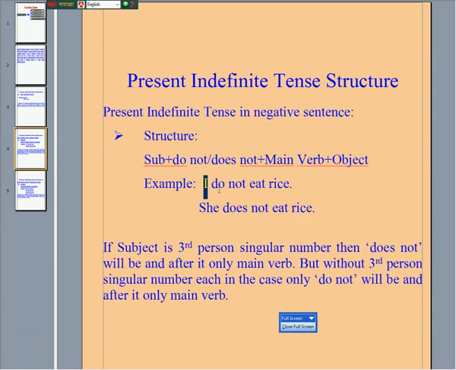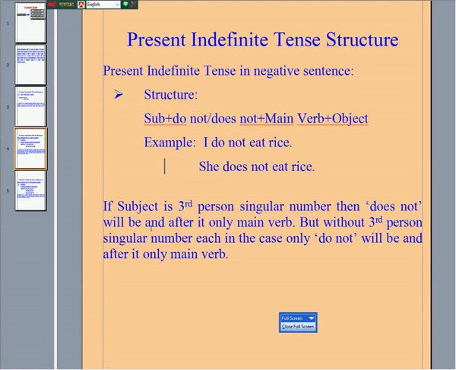Here I is subject, do not is auxiliary verb, eat is main verb, rice is object. She does not eat rice. Here she is subject, does not is auxiliary verb, eat is main verb, rice is object.